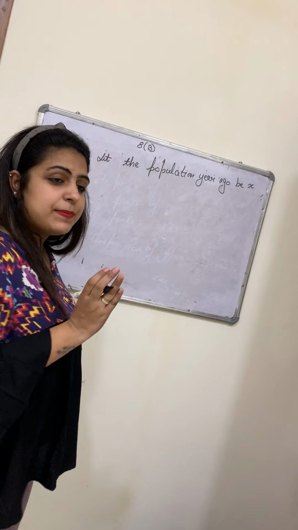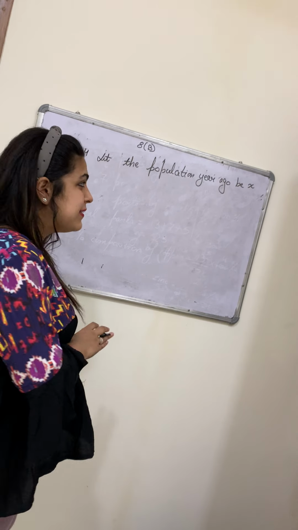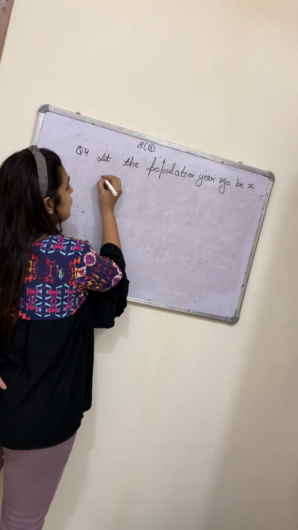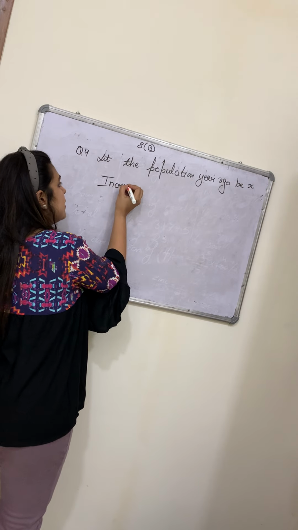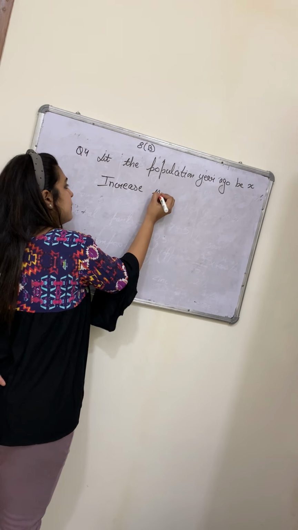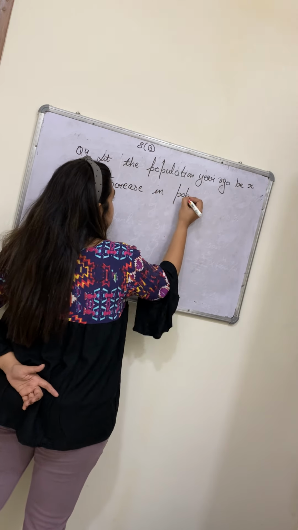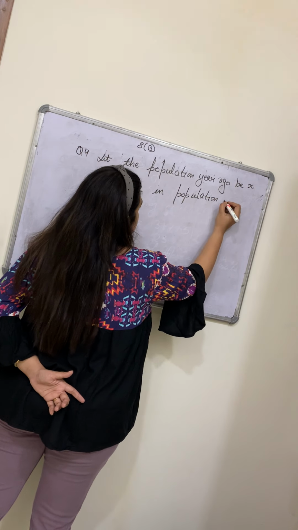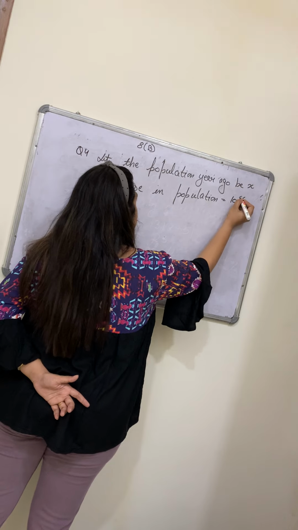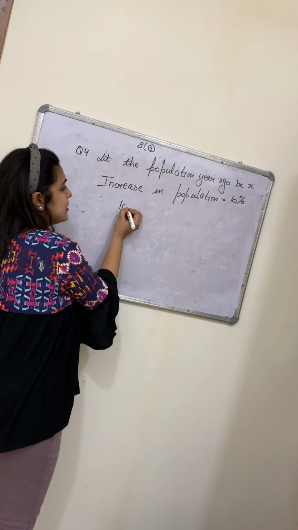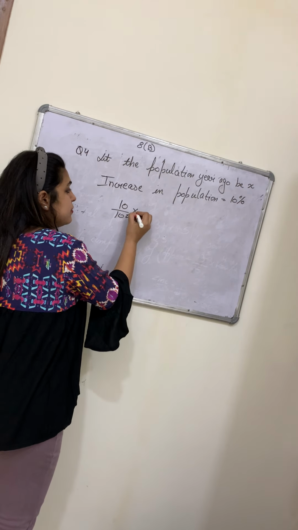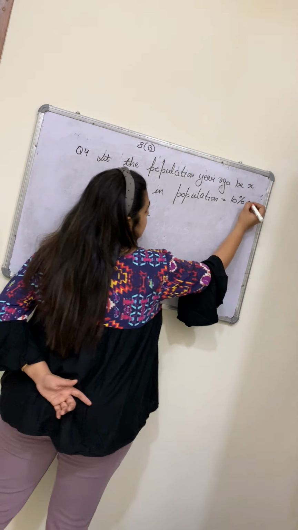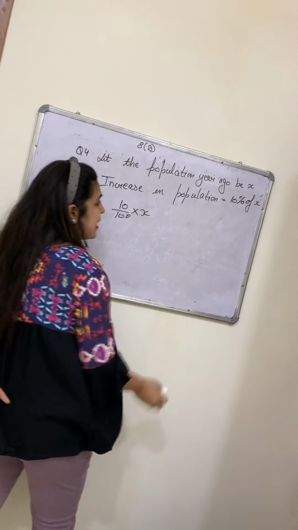It is increasing 10% annually, means every year it is increasing by 10%. So your increased population will be, the increase in population is 10%, that is 10 upon 100 into x. This is 10% of x.